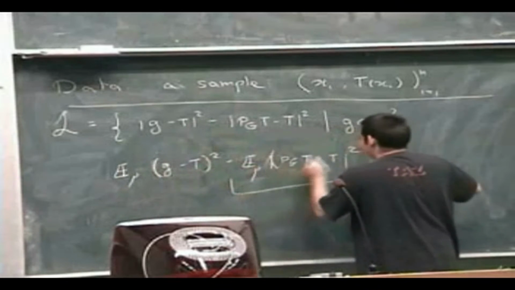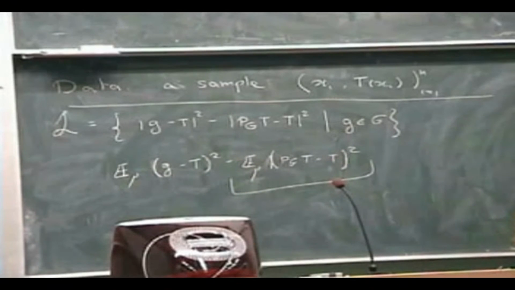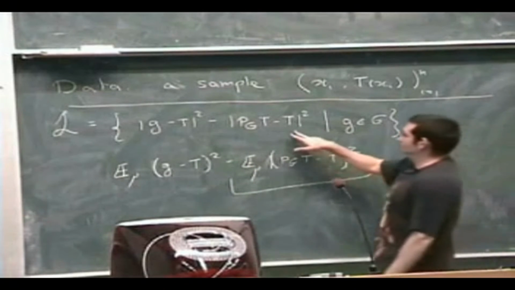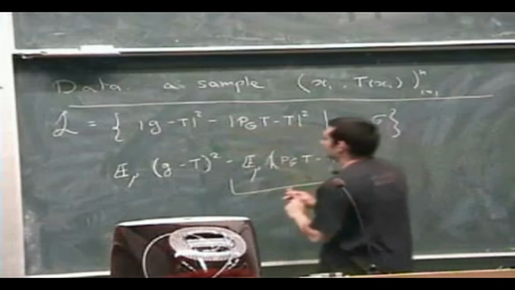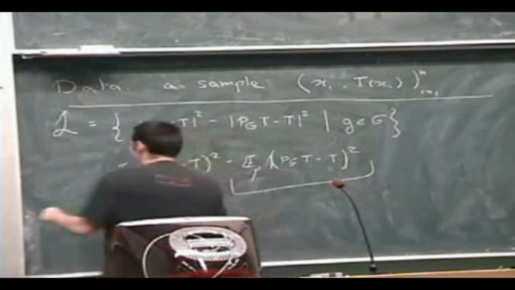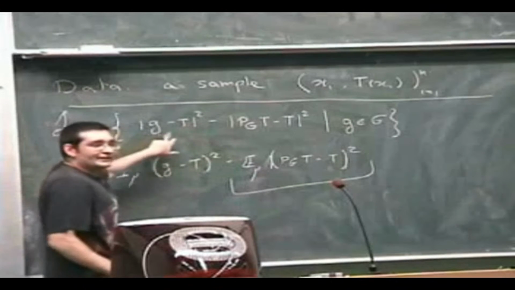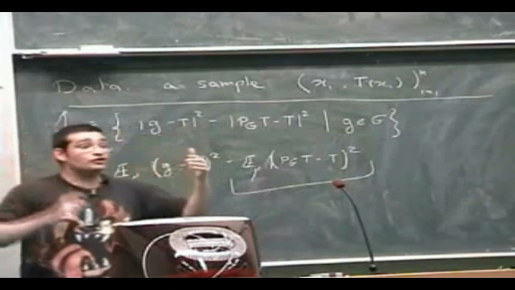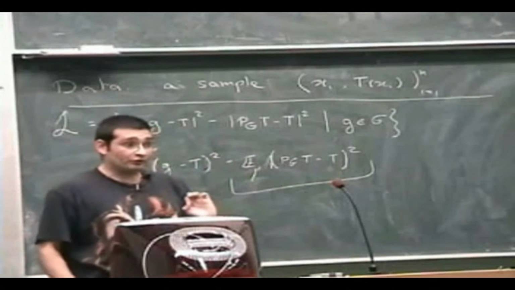A learning rule is simply a function which maps any sample to a function in G. Now the question is how to choose the function. So the learning rule I'm going to analyze is the following.